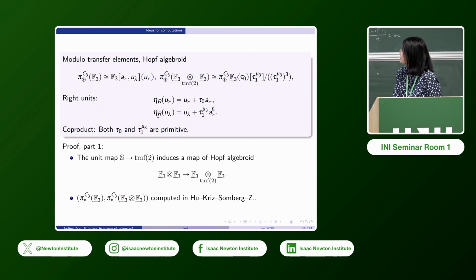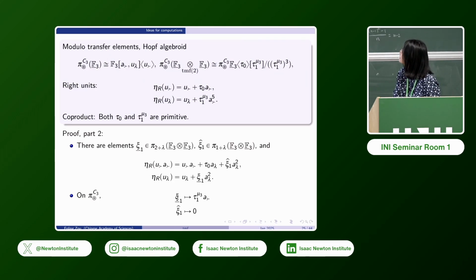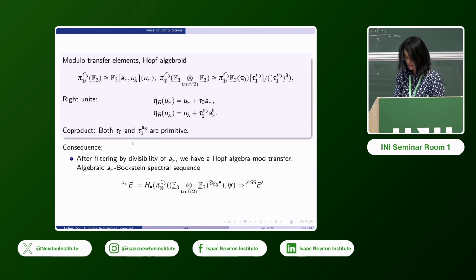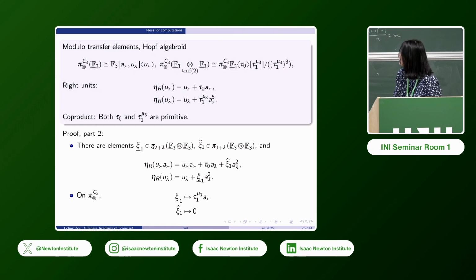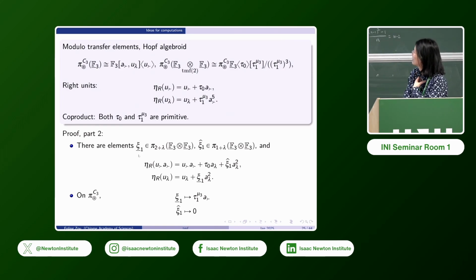And how did we get this? We use this map from the C3-equivariant Steenrod algebra to this relative Steenrod algebra. And on the left side, we already computed in an earlier paper, as I mentioned. In that paper, we got these elements, and the relevant ones are this xi 1 underline, xi 1 hat, and there's a right unit formula for them.